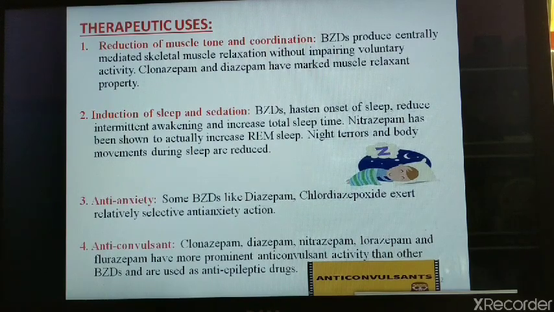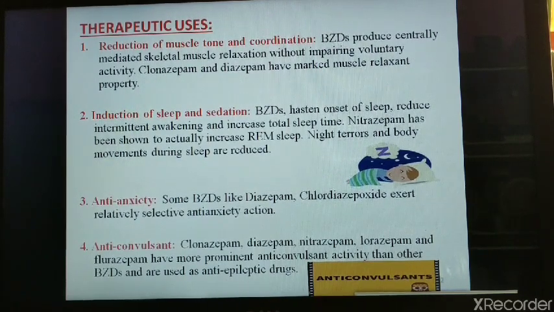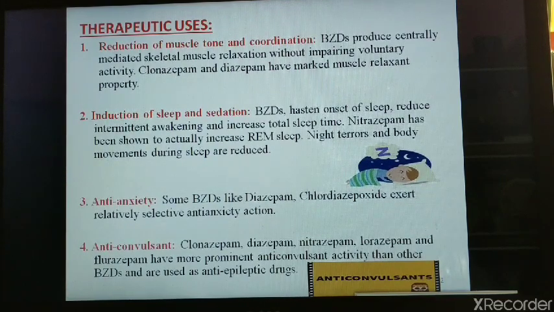On the basis of electroencephalogram, it is seen that benzodiazepines increase REM, that is rapid eye movement sleep, which is associated with dreaming, and slow wave sleep, which corresponds to the deepest level of sleep. Nitrazepam has been shown to induce sleep and sedation.